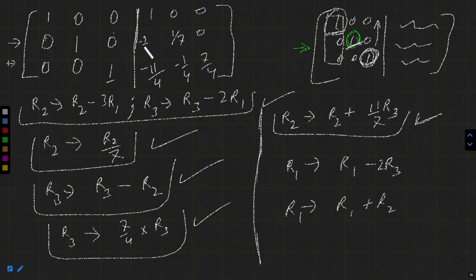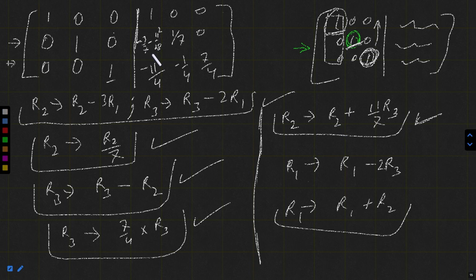So minus 3 by 7 plus 11 times of 7 multiply with R3. Okay, so 11 square by 28. Okay, this will be minus. Clear? Okay.